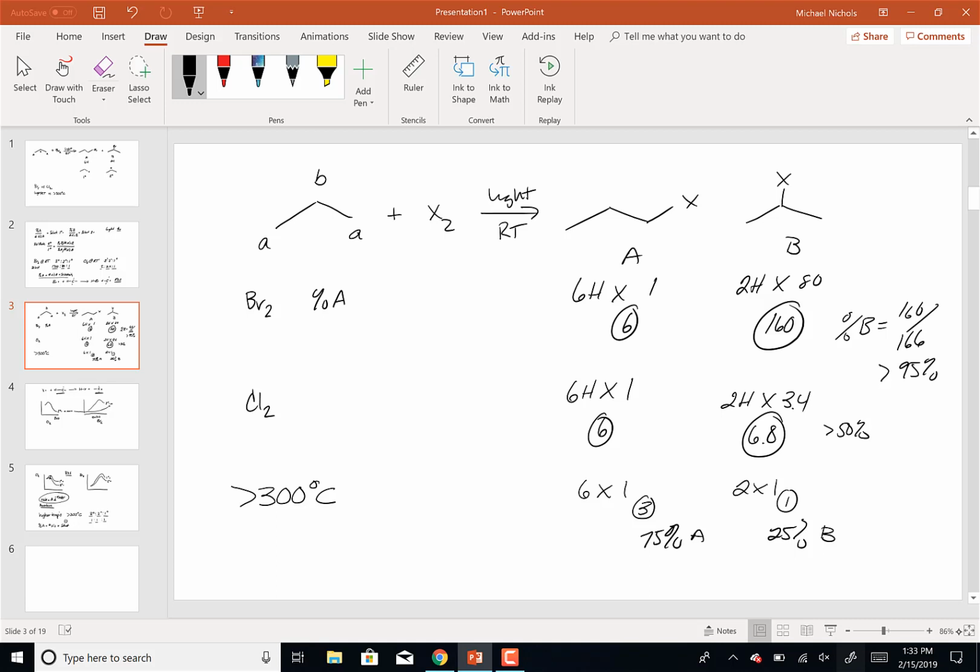And you might say, well, who cares? Well, let's just say you have a company and you're making 1-bromopropane for somebody, or they come in and say, hey, can you make me some 1-bromopropane? And you say, well, let's see, I'm going to do that by free radical halogenation, and the best yield I can get is 75-25 if I do it at greater than 300 degrees.